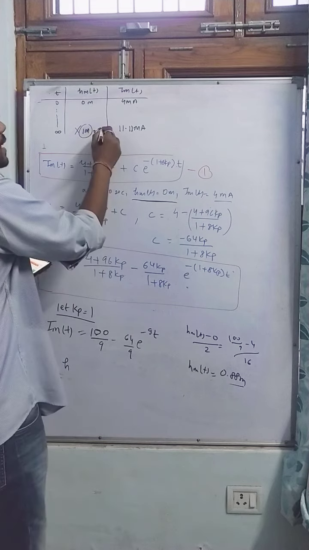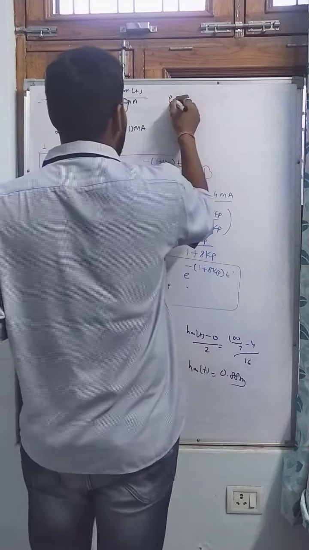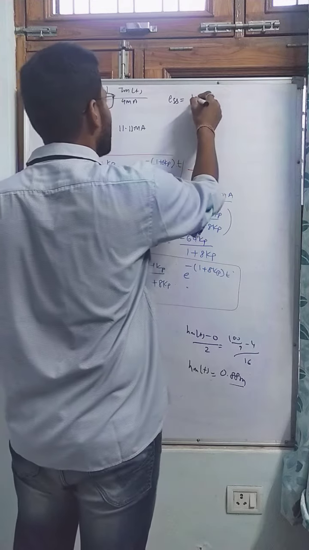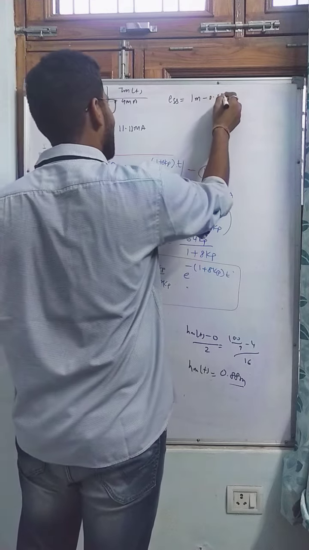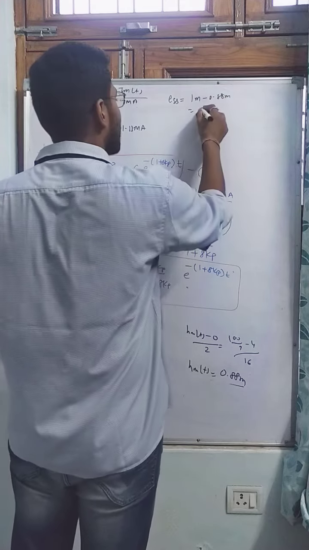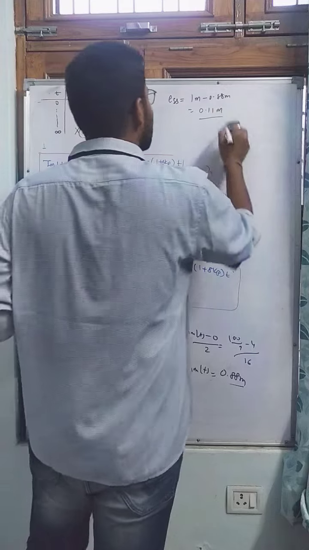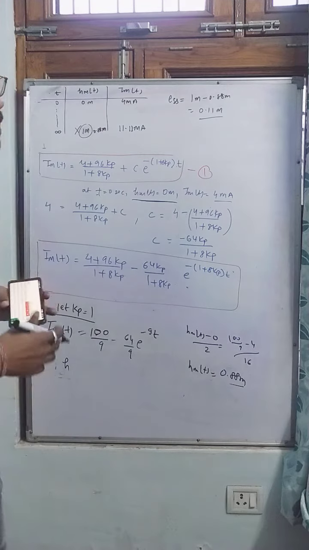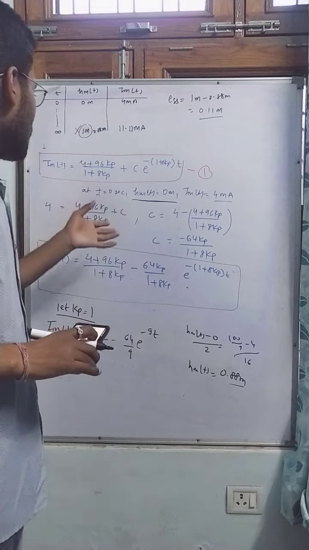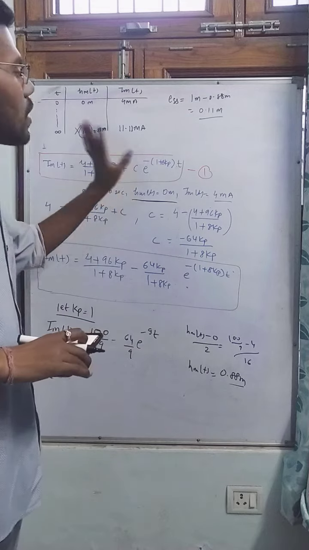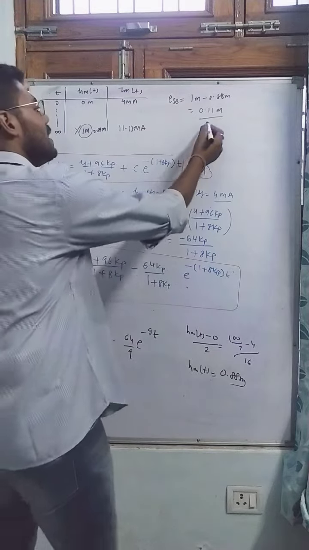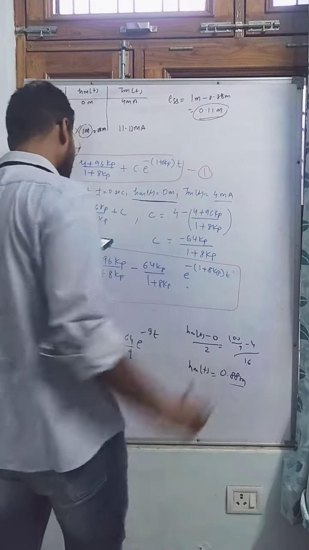That means there is still some error, and that error is known as error at steady state, which is equal to the set point, 1 meter, minus 0.88. Yes or no? So what will we get? We will get 0.11 meter. There is still some error of 0.11 meter. That means even after controlling the whole process we are not getting the set point, we are not getting the desired value, we are getting an error of 0.11 meter.